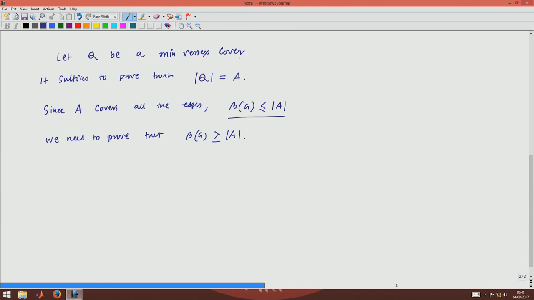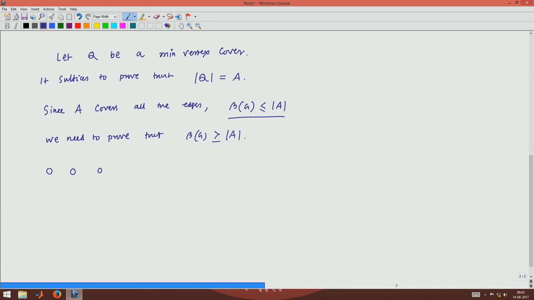Let Q be a minimum vertex cover. This Q is not necessarily one side of the bipartite graph. So, it contains vertices from both the sides of the graph G.